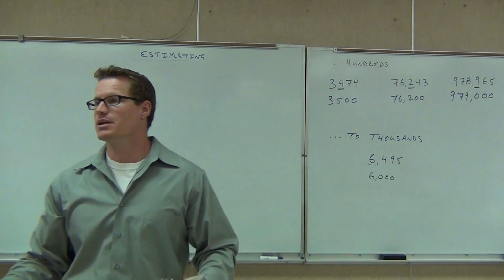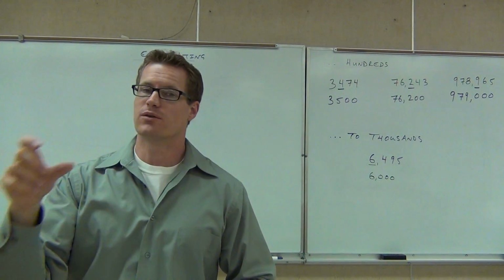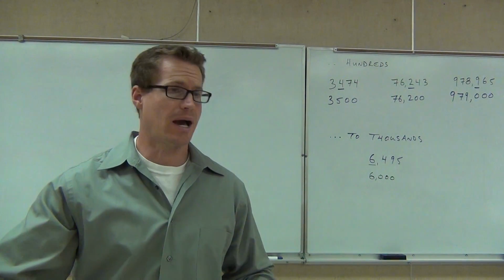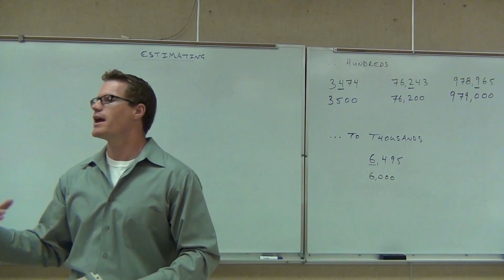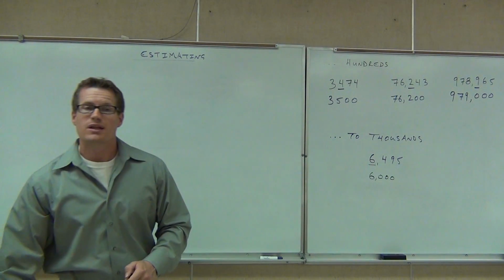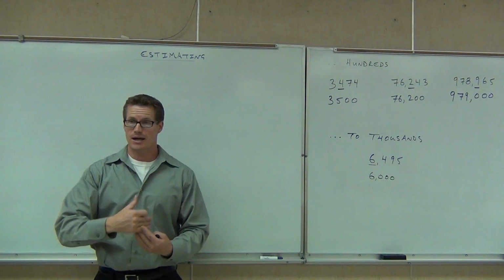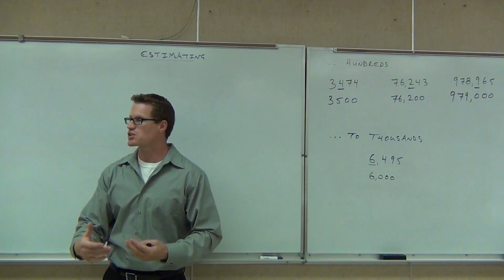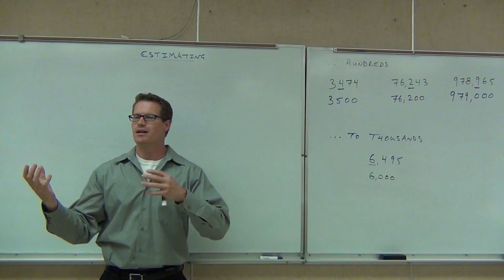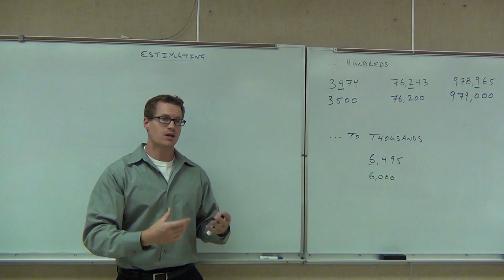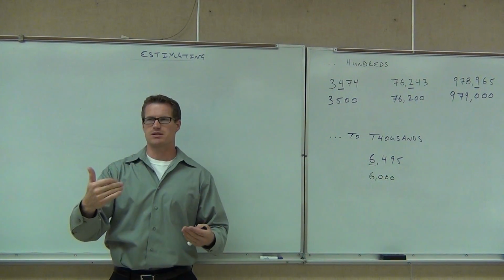And it happens to be where to round. Do you round first, or do you round after you add or subtract? And the answer is, if you're going to estimate something, it really wouldn't do a whole lot of good to add it up and then round it. If you're going to estimate and you want to do it quickly, the idea is, let's round it first, make easier numbers, then add them up. Does that make sense to you?